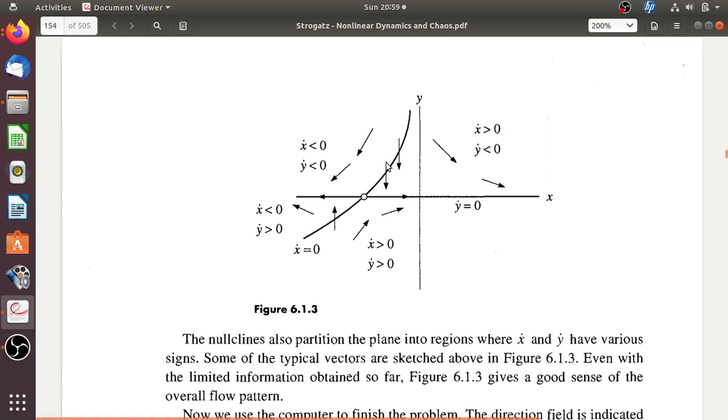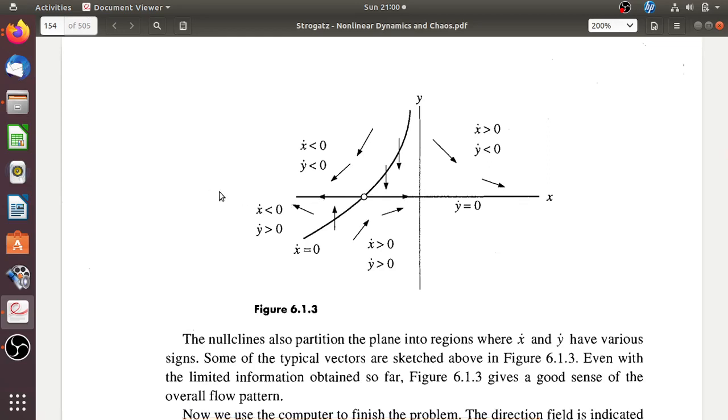If we do that, we will get to know that this will be vertically downward and this will be vertically upward, and this one will be towards positive x, and this will be towards negative x.